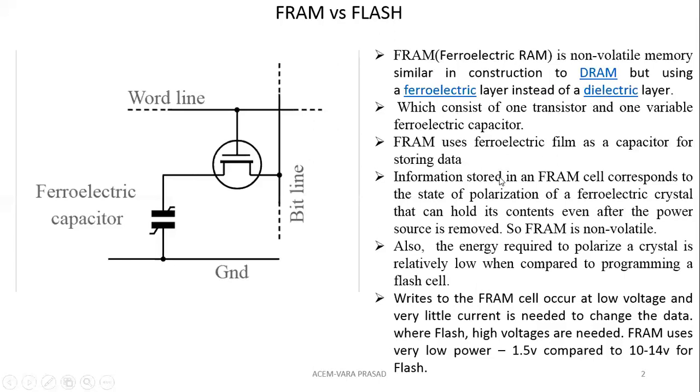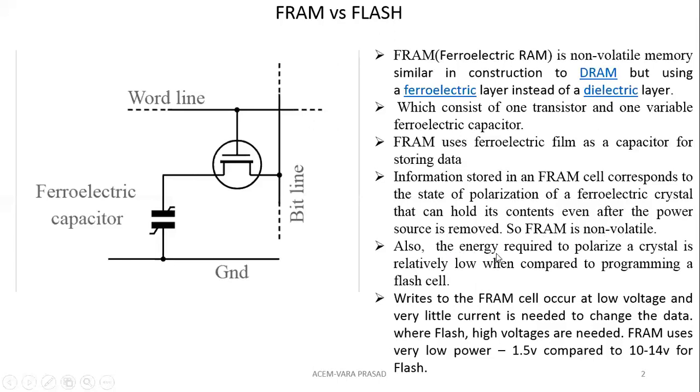Information stored in an FRAM cell corresponds to the state of polarization, that means charging of a ferroelectric crystal, which can hold its contents even after the power source is removed. So if power is off, the data will remain in the form of polarization. That is why FRAM is called a non-volatile memory.